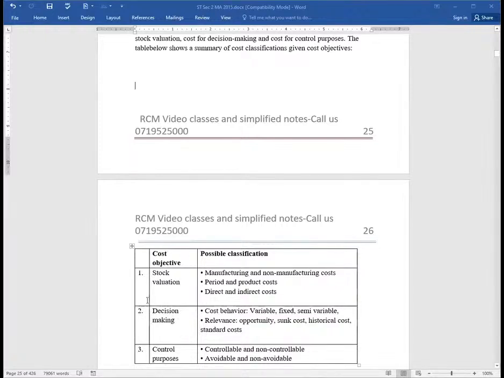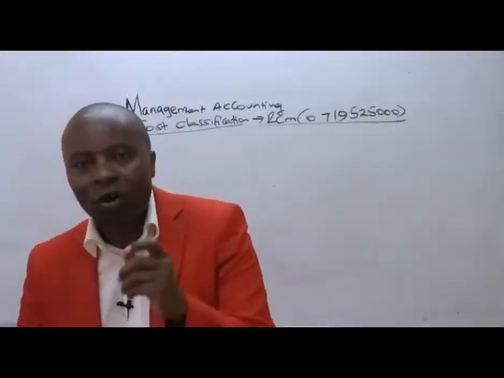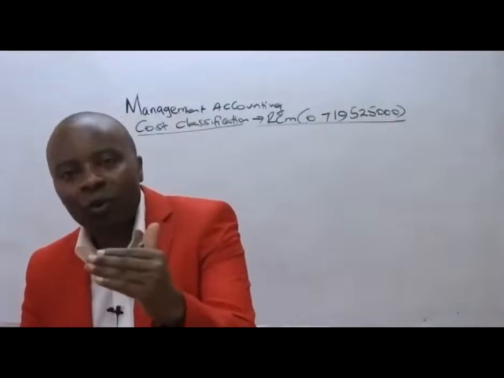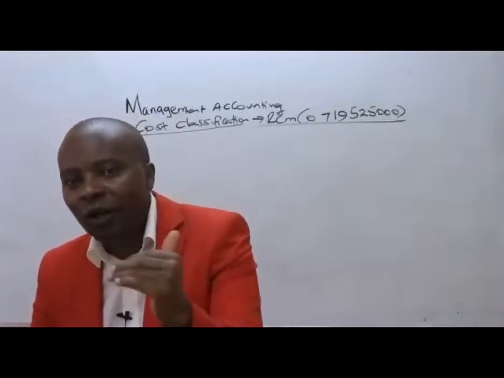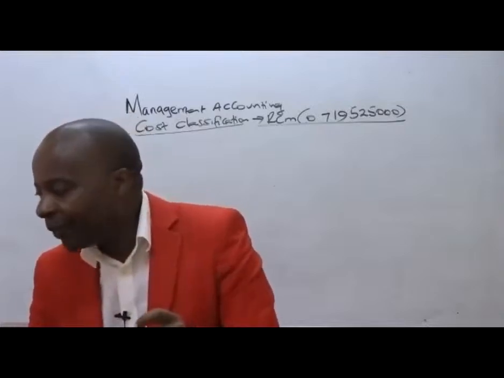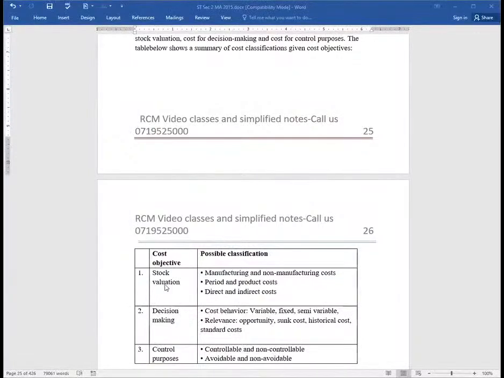So if you have a cost objective of stock valuation, then what will be some of the classifications of costs under stock valuation? Ladies and gentlemen, here we are told under stock valuation, we are going to have two types of costs. We could have what we call manufacturing and non-manufacturing costs.